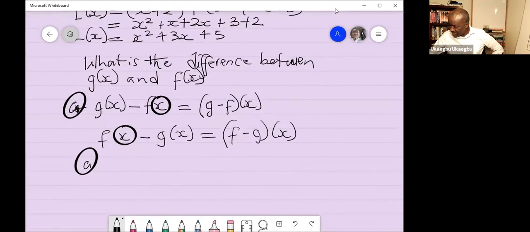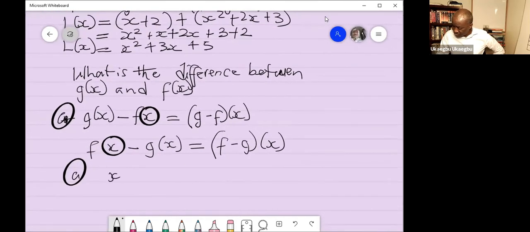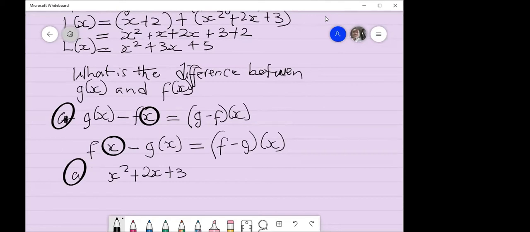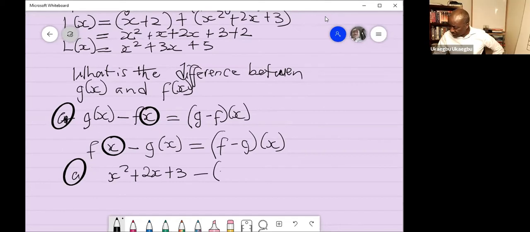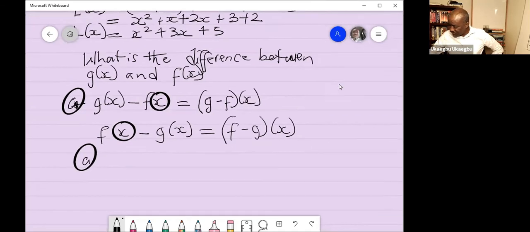The function is x squared plus 2x plus 3. Then minus x plus 2.